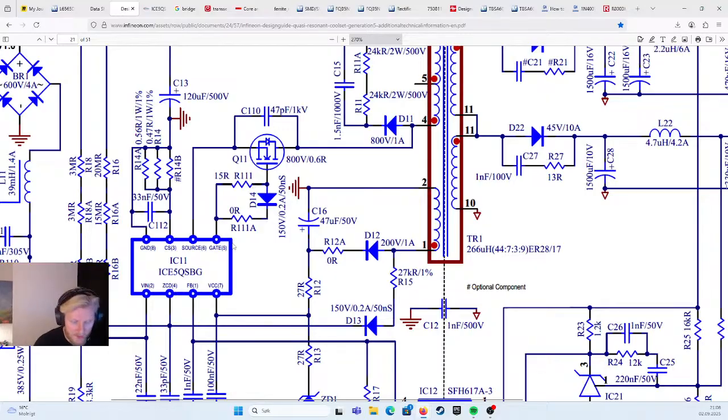So it's actually the same on the gate output pin. You have two resistors, one is 0 ohm, and the other one is 15. What does it say here? 150 volt.